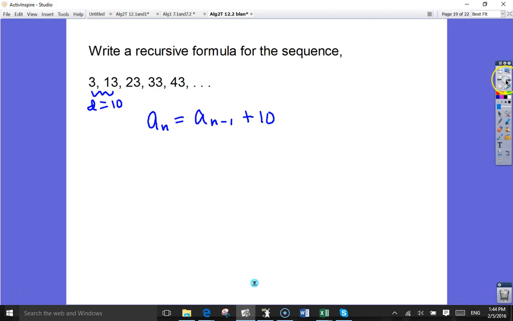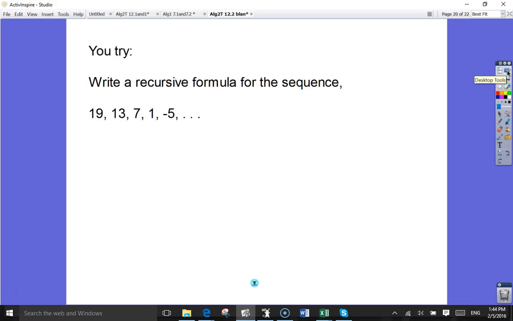So let's do one more. Do the same thing on that one. Write the recursive formula.